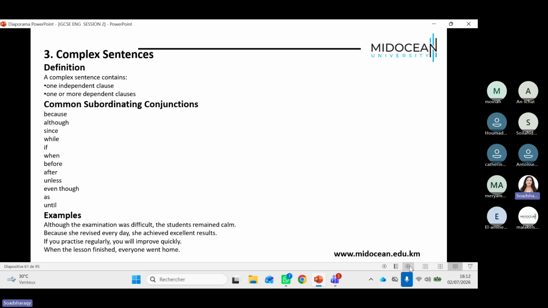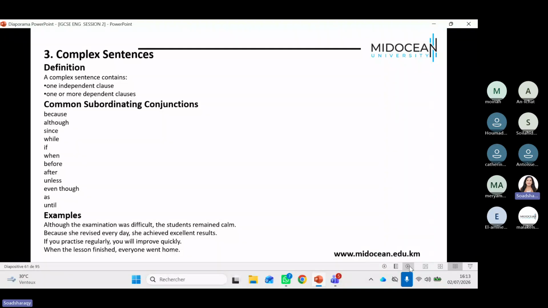Complex sentences. So what is a complex sentence? A complex sentence contains one independent clause and one or more dependent clauses. Common subordinating conjunctions are because, although, since, while, if, when, before, after, unless, even though, as.